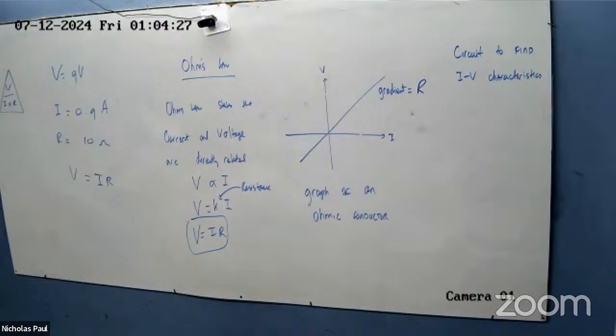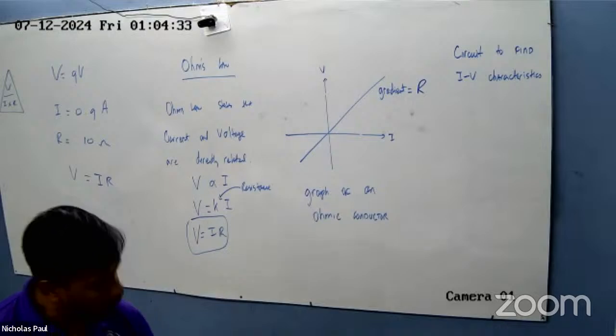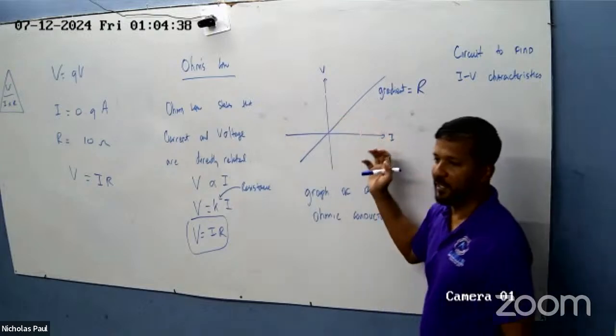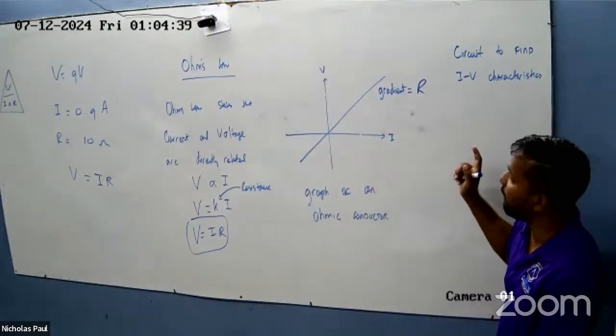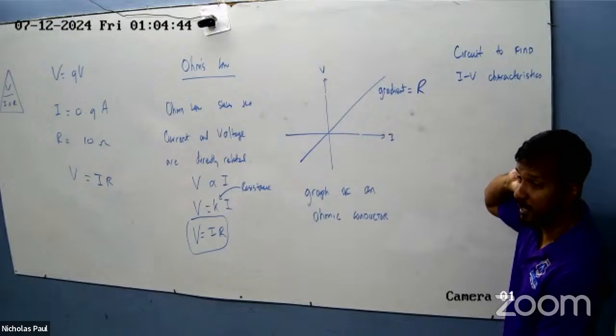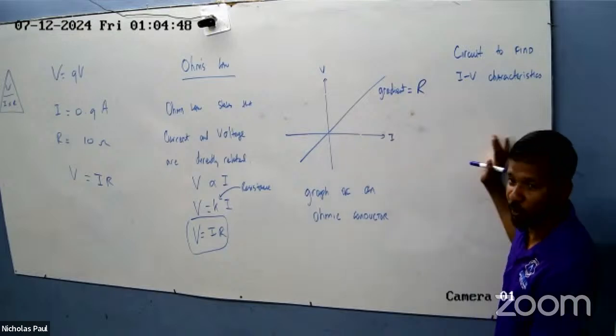So here's what we need. This is the most popular set of information that we need from a graph: voltage and current. So we need a circuit that will help us get voltage and current readings all the time.